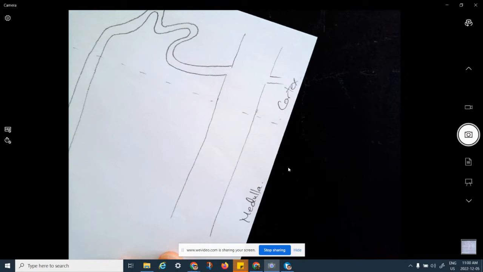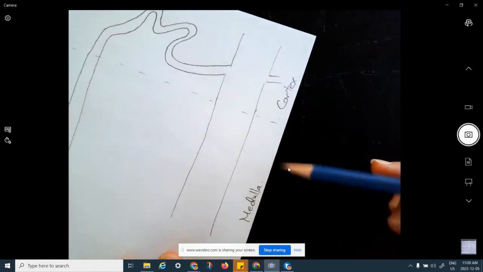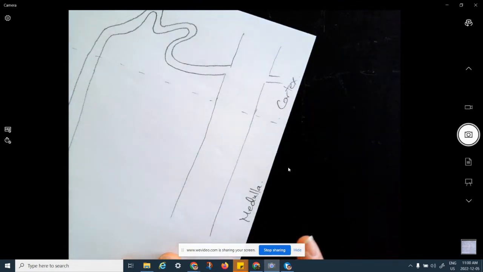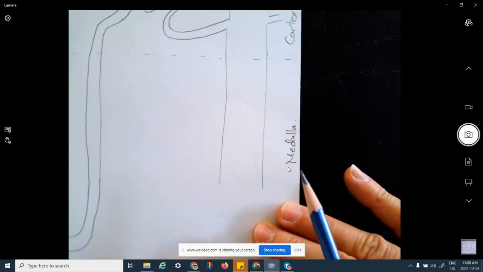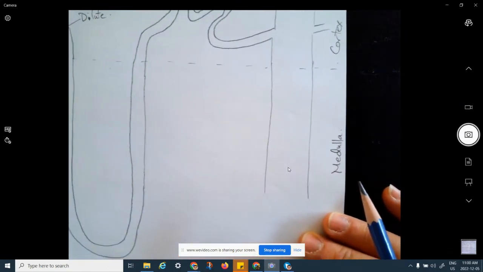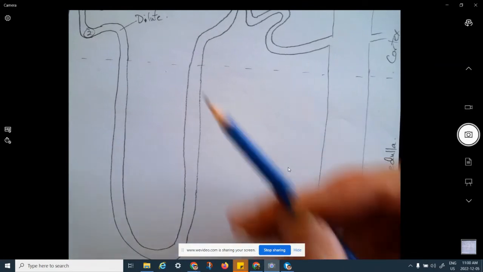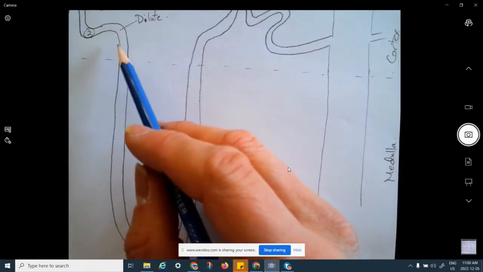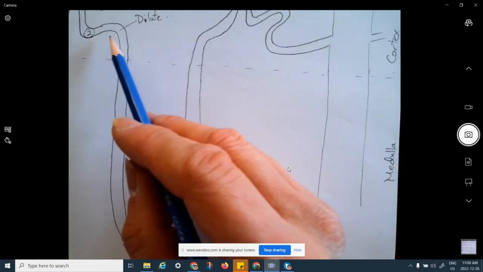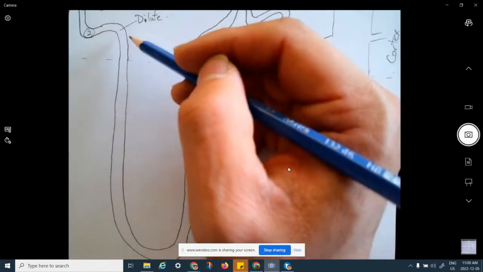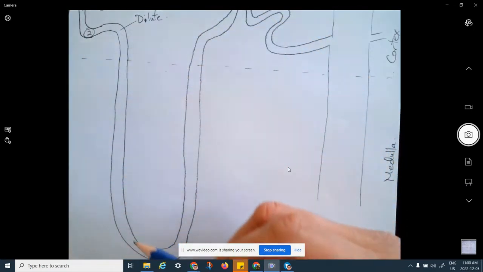And we're going to talk about the cortex and medulla and how this comes into play in this section. So in this part here, the filtrate is still pretty diluted. Now we're going to talk about this section here, which is called the descending loop of Henle.